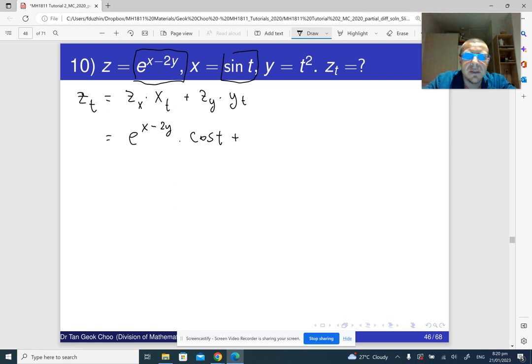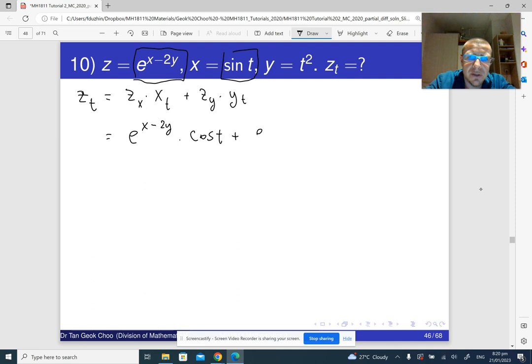plus the derivative of z with respect to y. So it's still e to the x minus 2y, but now times the derivative of x minus 2y with respect to y, and it's negative 2. And times the derivative of y with respect to t, which is 2t.